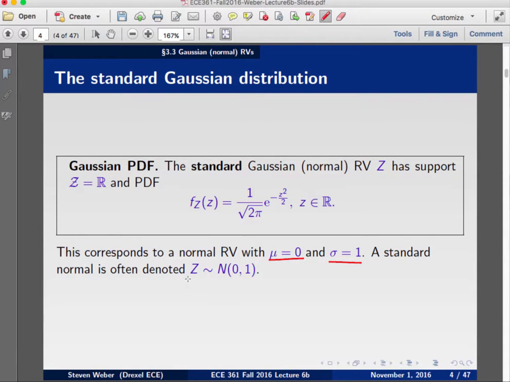And so, consistent with our notation, if I write Z tilde N(0,1), it's to be understood to mean that Z is a normally distributed random variable with parameters mu equal to 0 and sigma equal to 1. So this expression here results simply by setting mu equal to 0 and sigma equal to 1 in the previous expression.